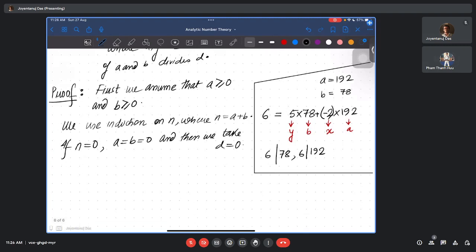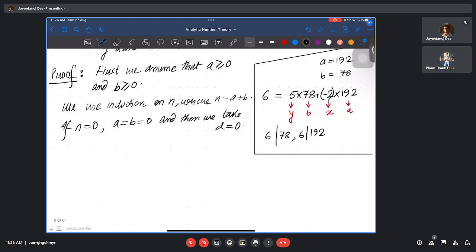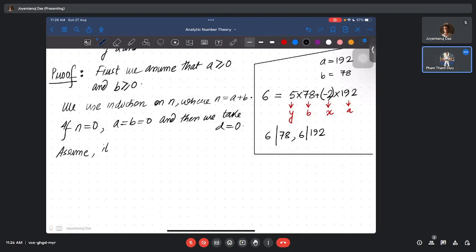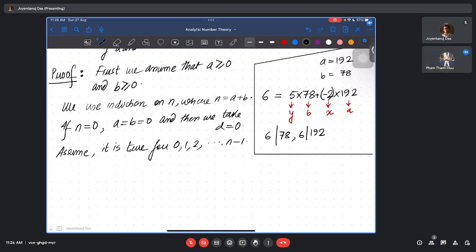Now we assume that the theorem is true for 0, 1, up to n minus 1. By symmetry, we can assume that A is greater than or equal to B. Without loss of generality, there is not a problem.